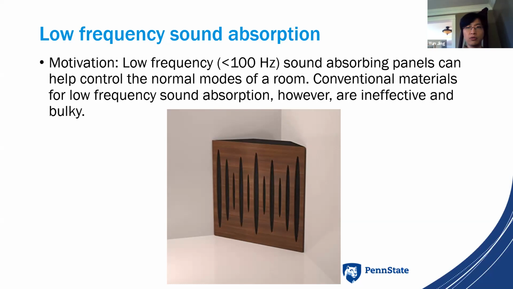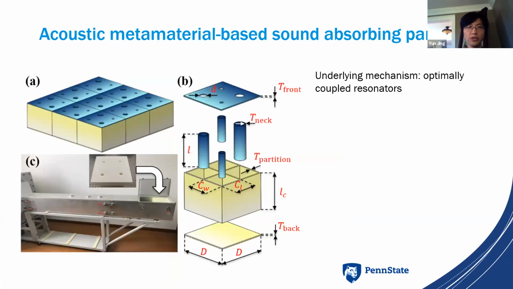You want to absorb those normal mode frequency sounds to have a flat response of the room. What you see here is a corner bass trap people use to absorb low frequency sound, but this kind of material is very ineffective, does not absorb a lot of energy at extremely low frequency, and is also very bulky. This is something we would like to address using metamaterial.